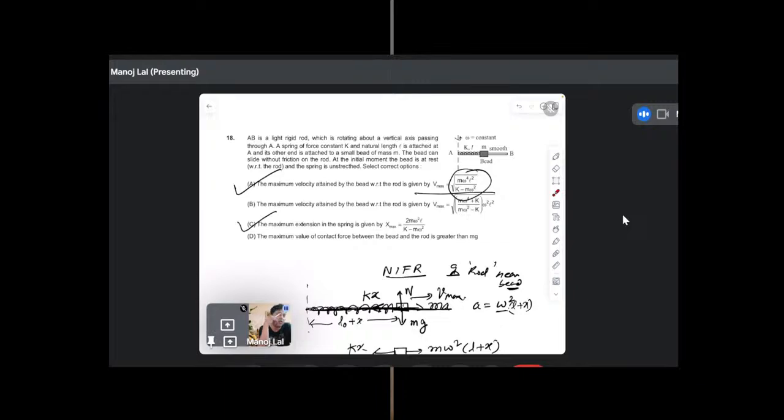It is a simple harmonic motion from the rod frame. Even we can do the same problem, maximum velocity, with the help of simple harmonic motion. We will do that also. But anyway, let me discuss the option D first.